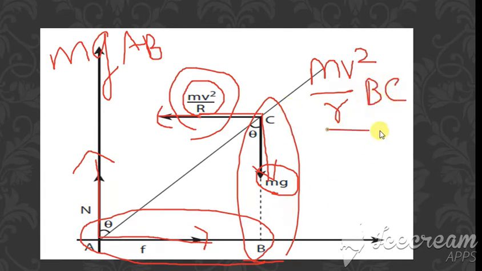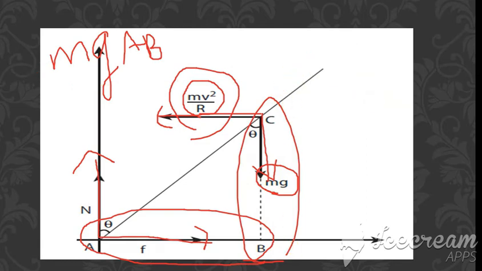This is how we write it on both sides. The mg term is considered negative because it acts against the direction, and the other is considered positive.